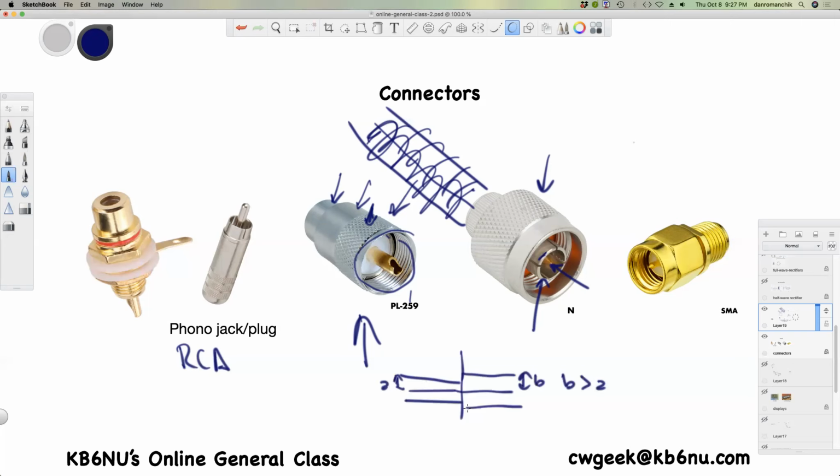And that'll contribute to a higher SWR. Does that make sense?